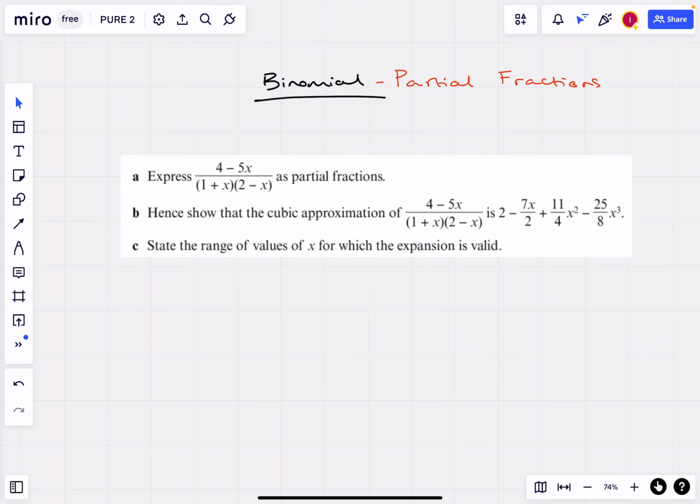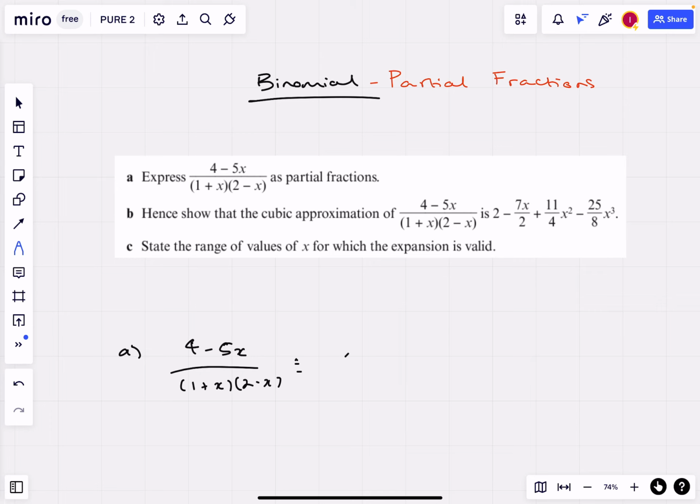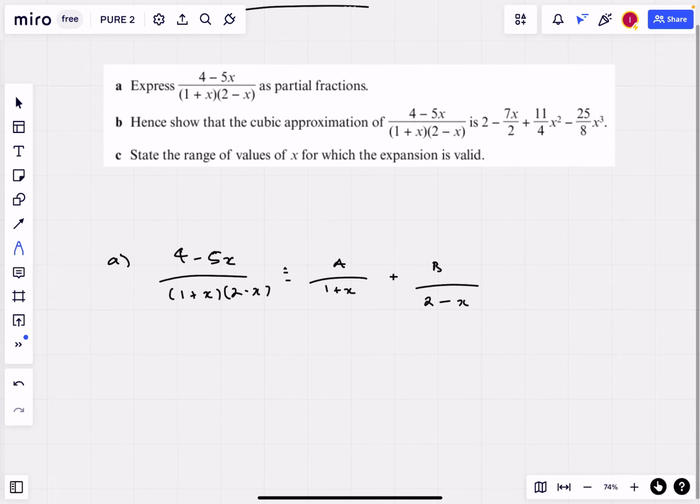So, you're going to turn this into a over 1 plus x plus b over 2 minus x. Now, you could have done it the substitute way, you could have done it the coefficient way. I think the substitute way is probably the easiest one, so that's the one I'm going to go for.